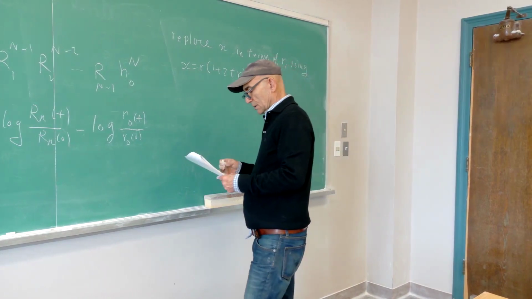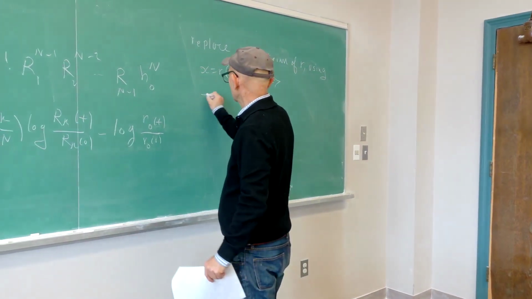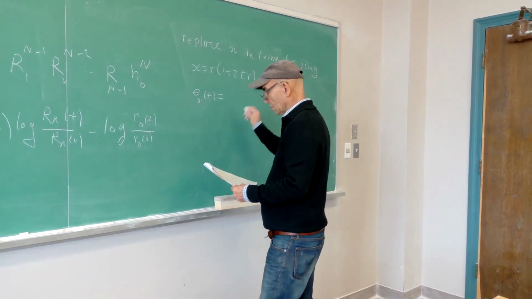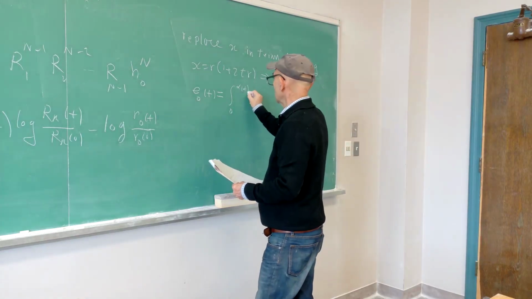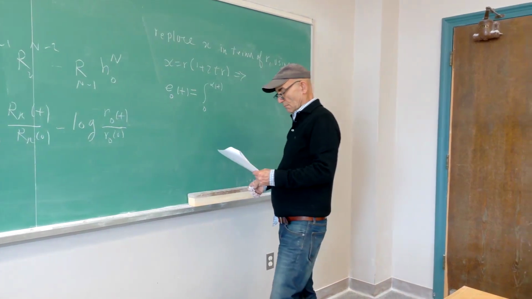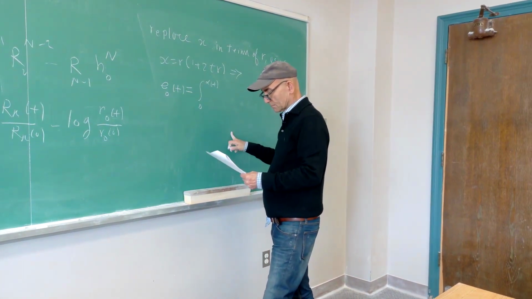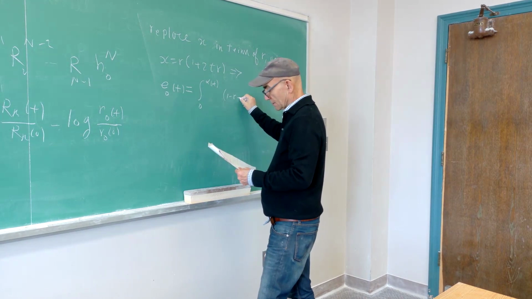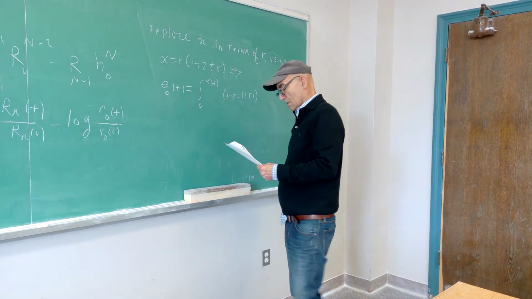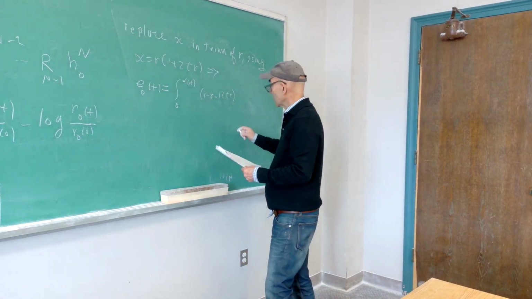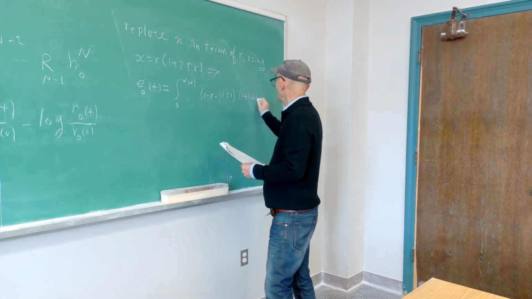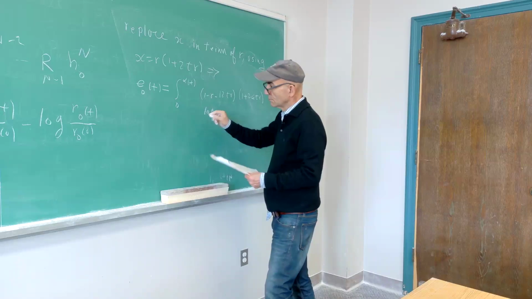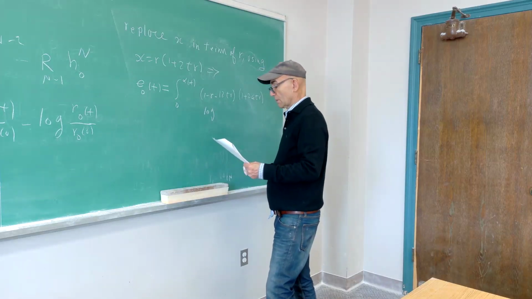This gives you that E0 of t is equal to an integral from 0 to r of t, where I can just express this as 1 minus r minus 12tr, that is, 1 plus 24tr, log of 1 plus 12t.